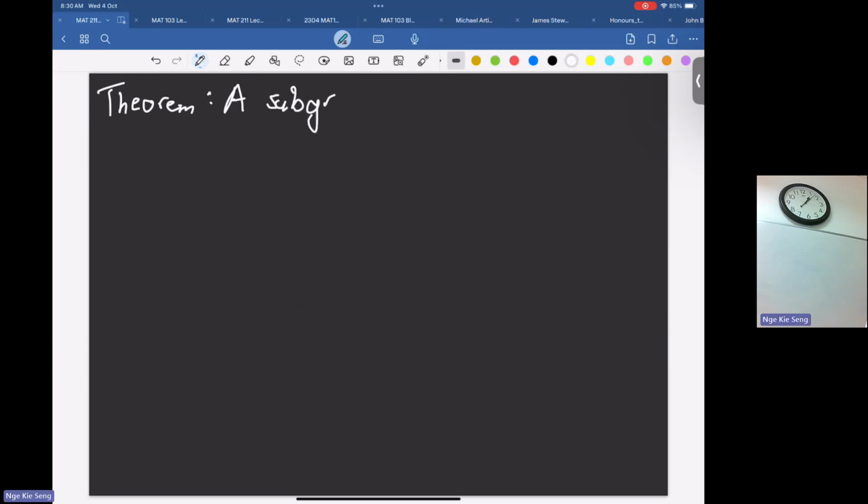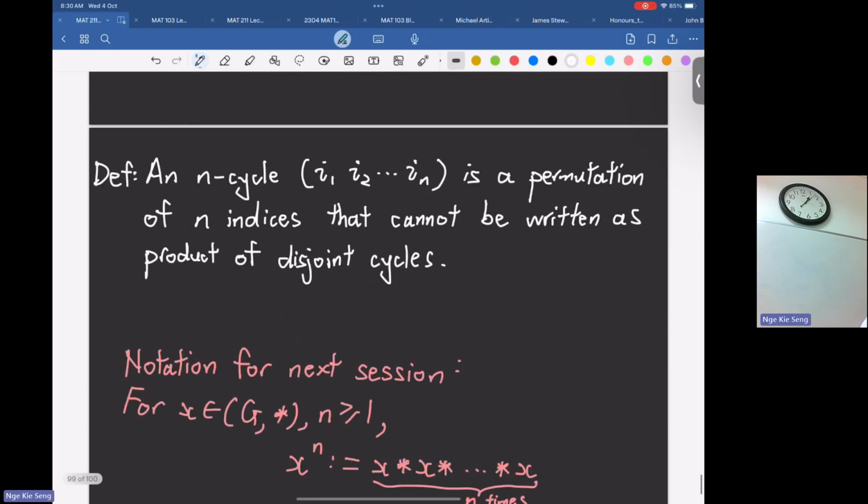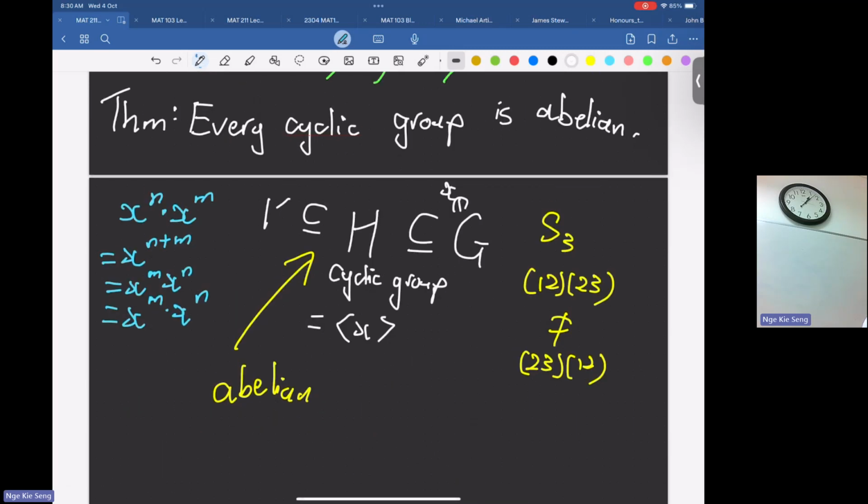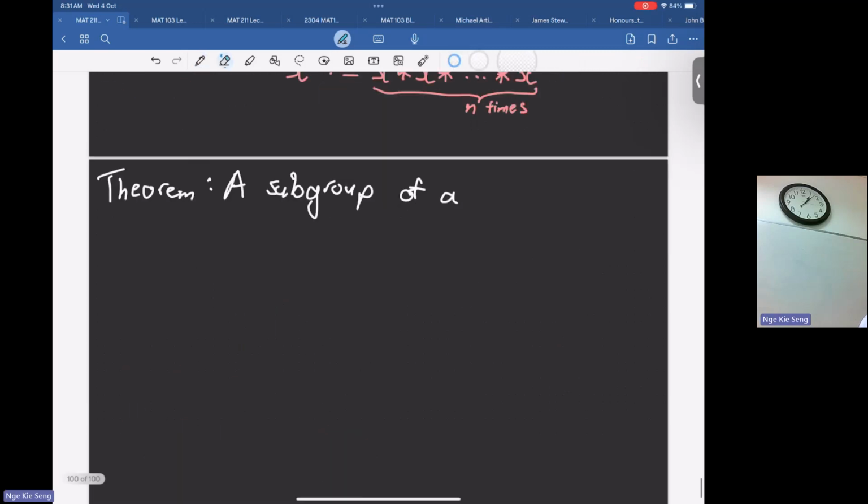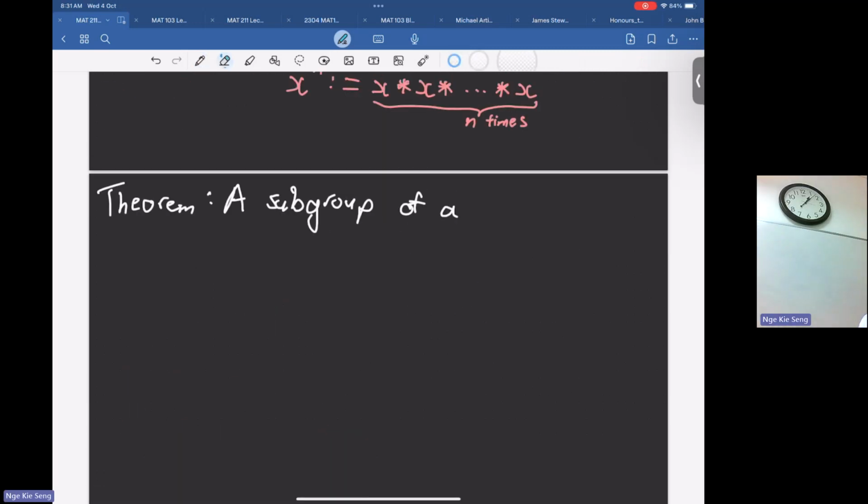If I take a subgroup of a cyclic group, can it be any wild thing or not? The theorem says that a subgroup of a cyclic group is still cyclic. If you go smaller again, it is still cyclic, forever, until you reach the trivial subgroup.